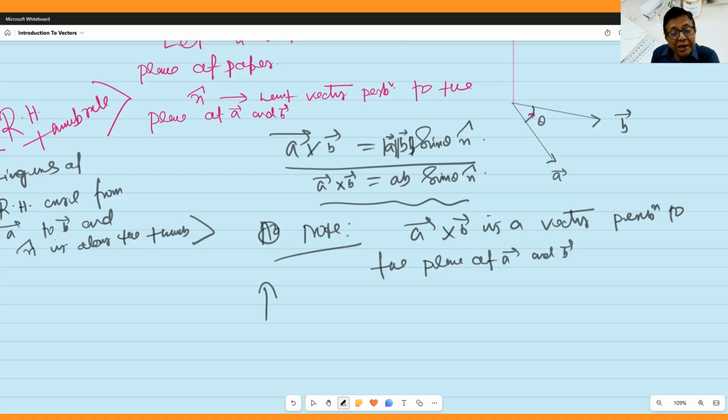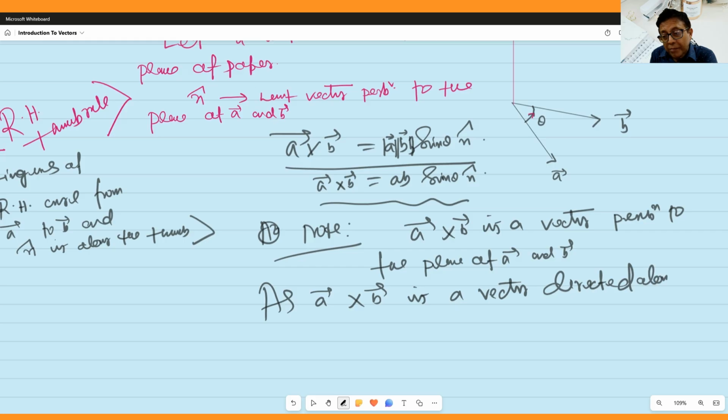Because A cross B is a vector directed along n cap. Am I correct? As it is directed along n cap, A cross B is perpendicular to the plane of A and B. Very important concept. Very important. This is number one note.